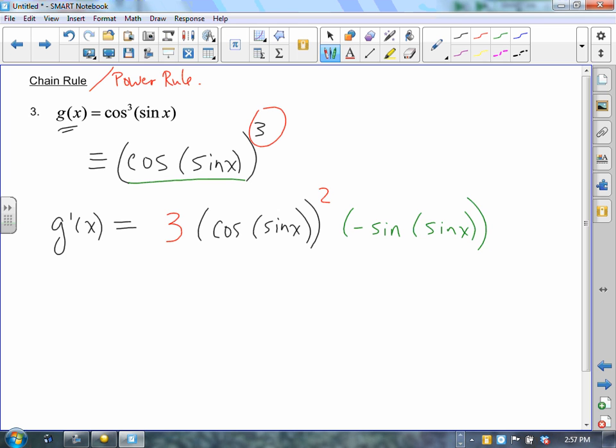Last but not least, we apply the chain rule again, or finish the chain rule, and notice that there is a function embedded within the cosine. So the derivative of sine x is cos x. So there we have it, correctly determined the derivative of g at x.